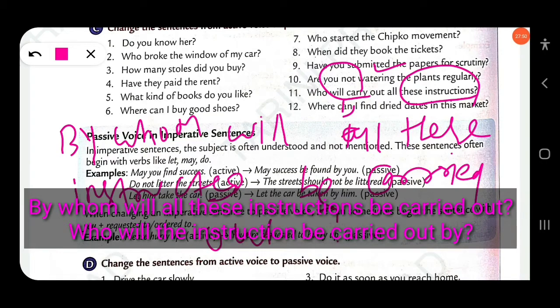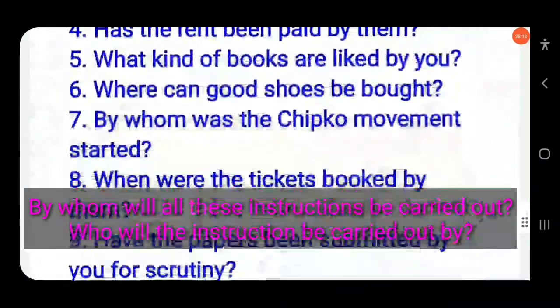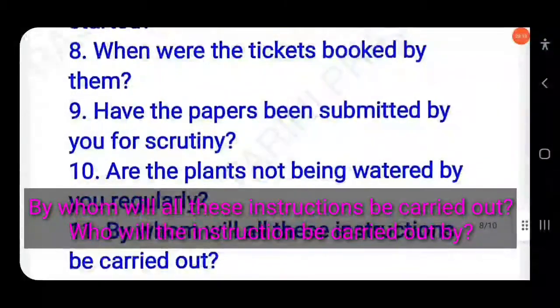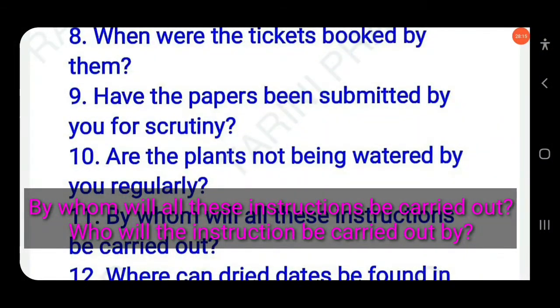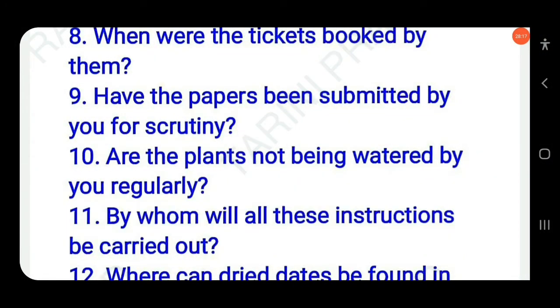Clear? By whom will all these instructions be carried out? Question mark. So here, by whom will all these instructions be carried out?